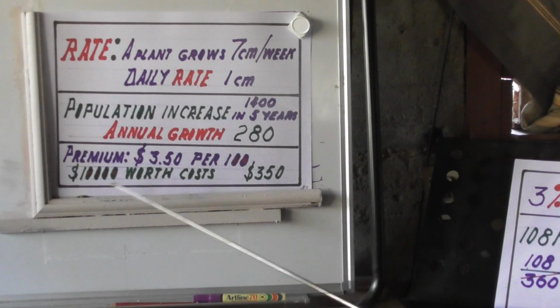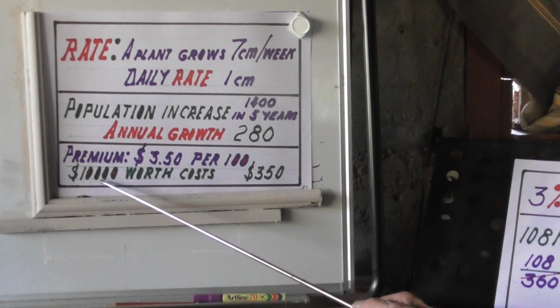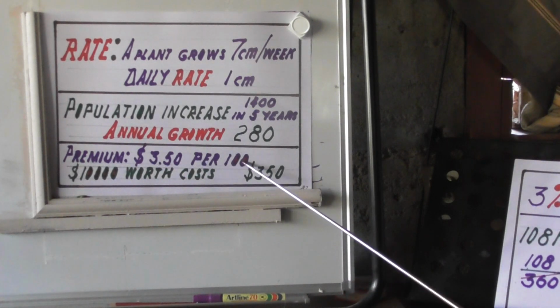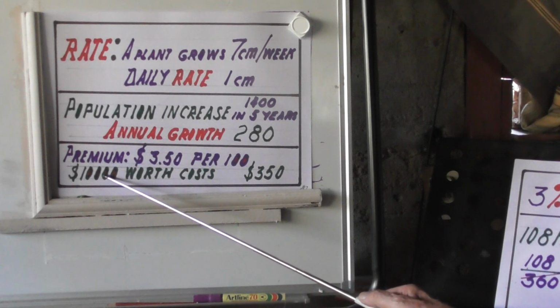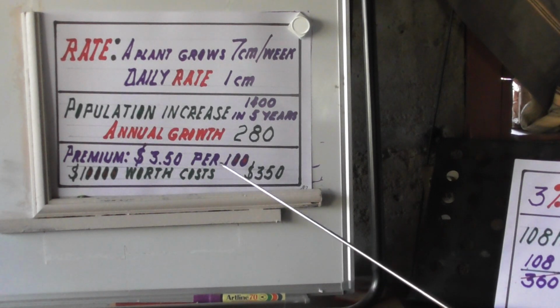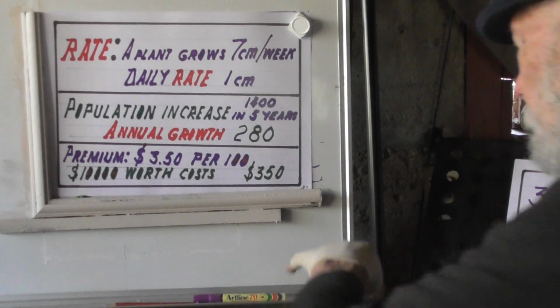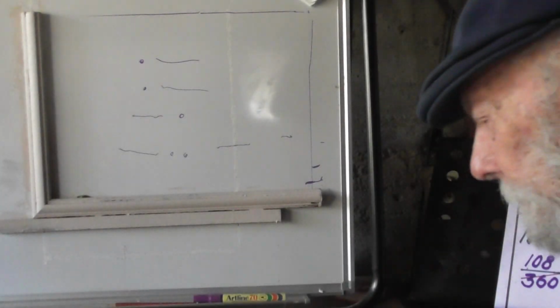This is 100. This is the 10,000, so the 2 off. So $3.50 for 100. If you want 10,000, that is 2 places further. 1, 2, that's $350. Whatever you want to insure. Called premium.